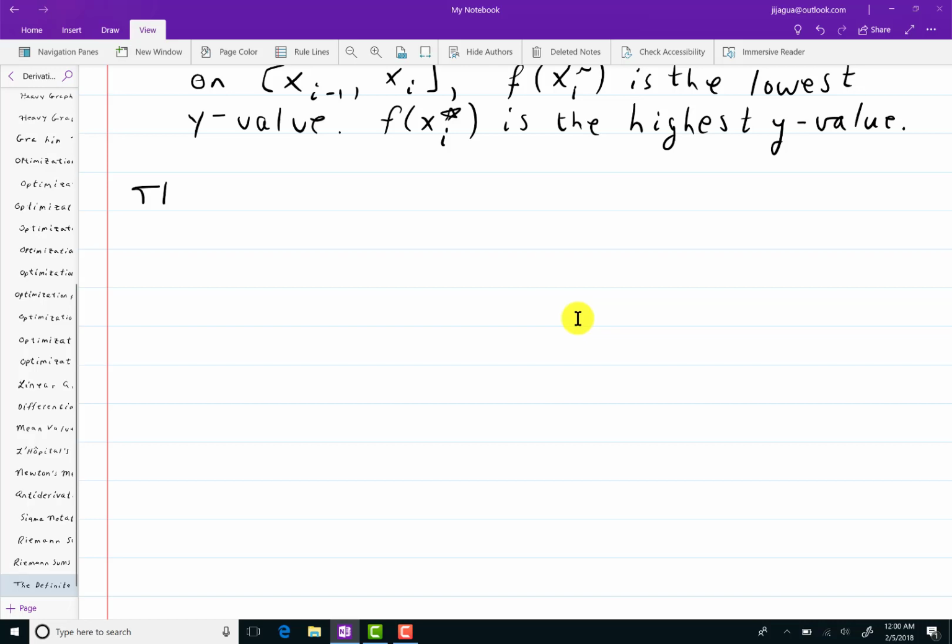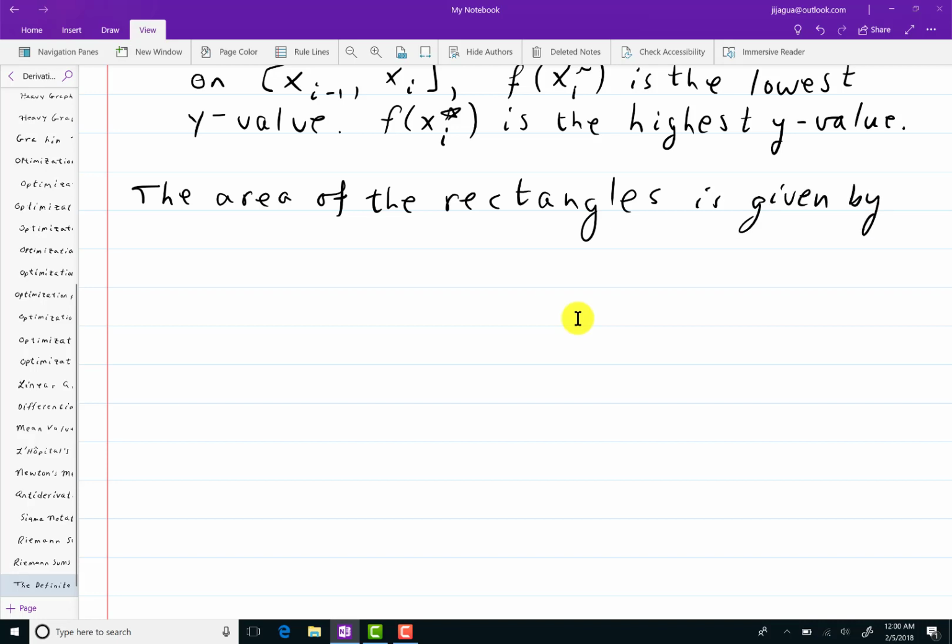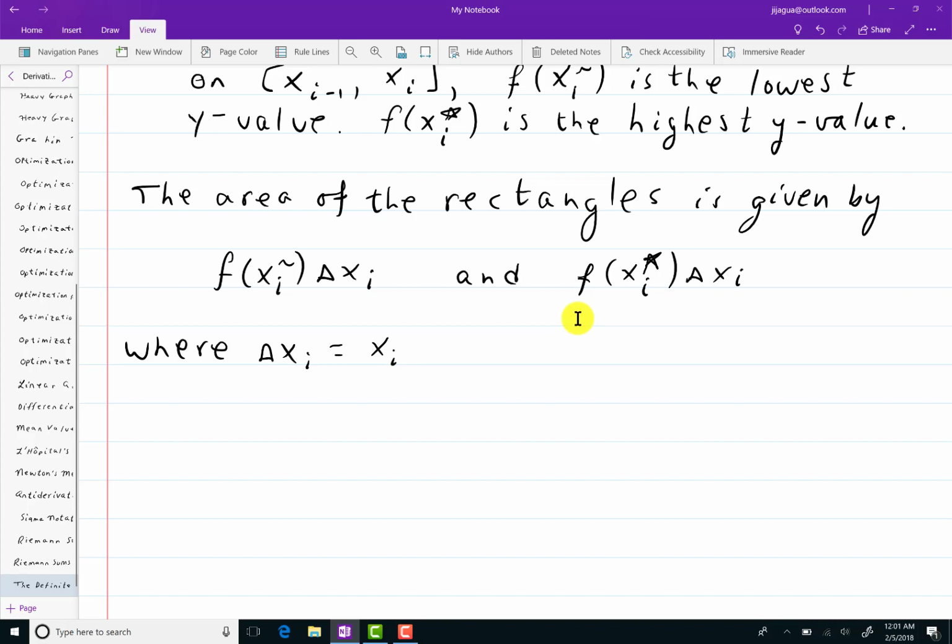The area of the rectangles is given by f of x sub i squiggle times delta x sub i, and f of x sub i star times delta x sub i, where delta x sub i equals x sub i minus x sub i minus 1.